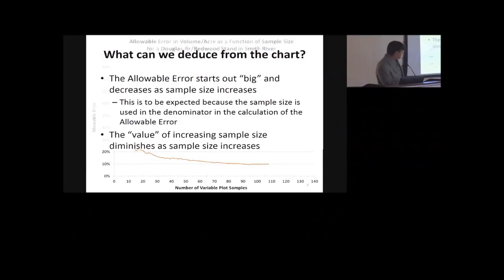When I keep adding plots to the mix way out here, when I'm up to 90 and 100 plots, the value of that extra plot is not very much. It's not adding to what I really know about that stand. I'm wasting my time. It's a good thing for a forest manager to know.